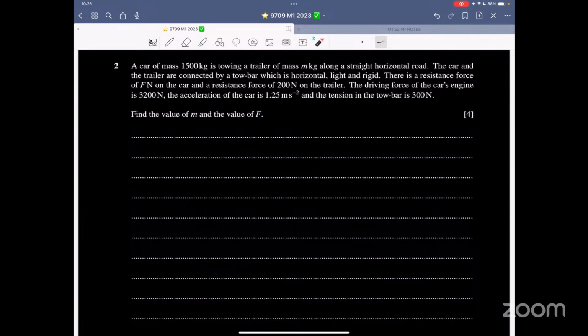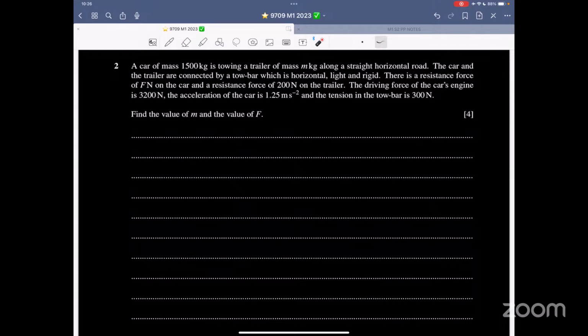So now this thing is there. It says a car of mass 1500 kg is towing a trailer of mass M along a straight horizontal road.